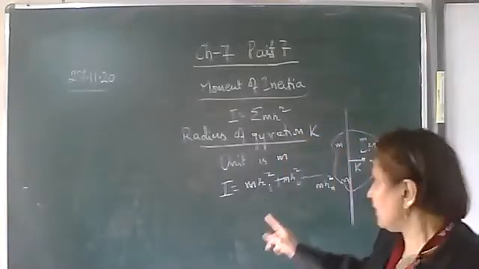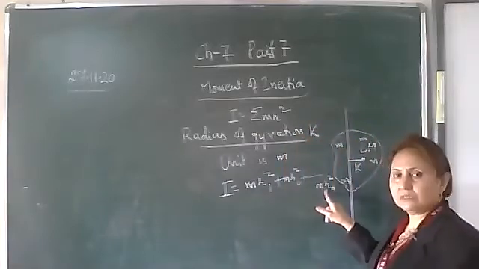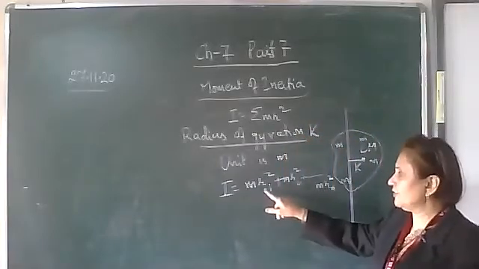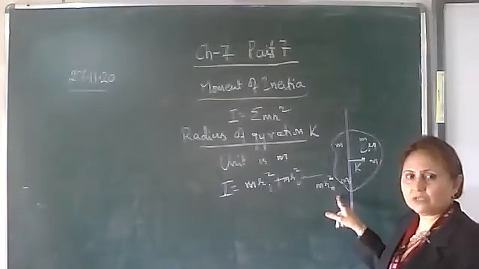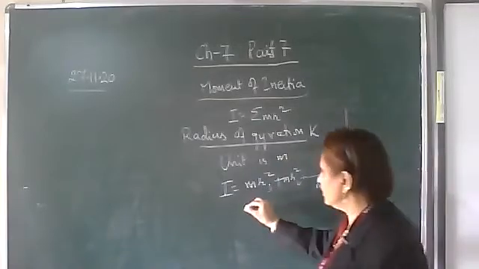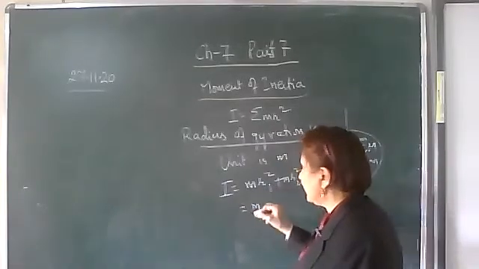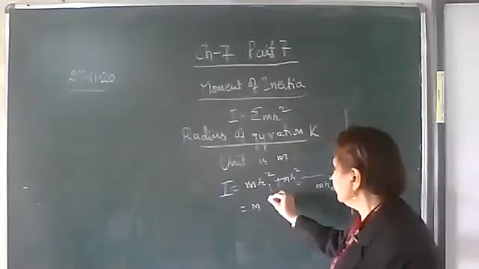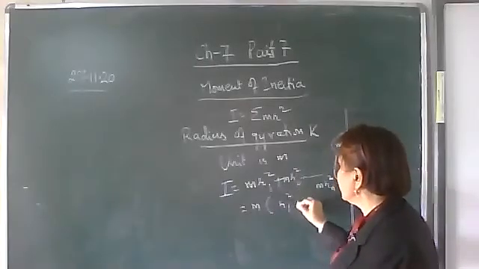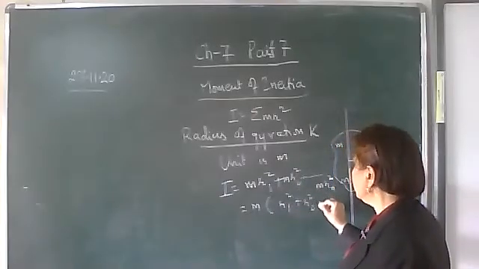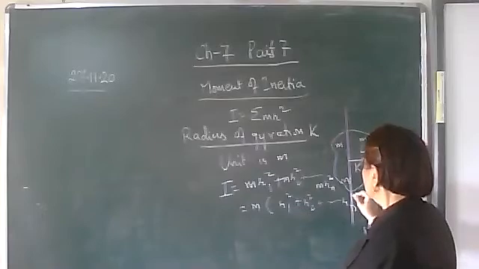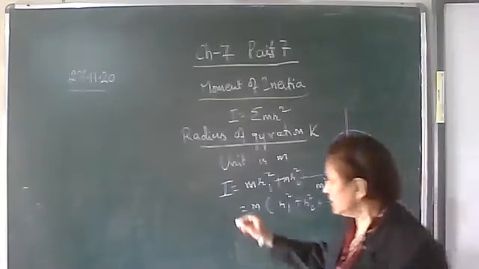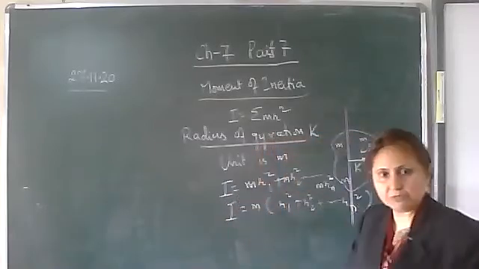Here each particle is of the same mass, so you can take m outside: m times r1 square plus r2 square plus rn square. This is the moment of inertia of the rigid body.